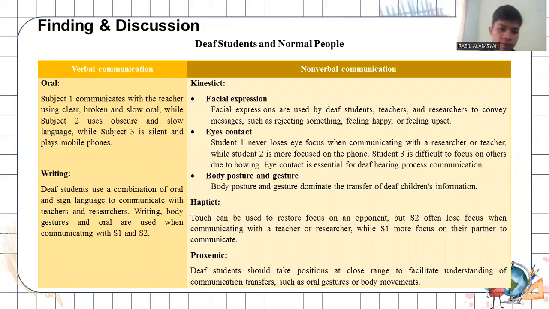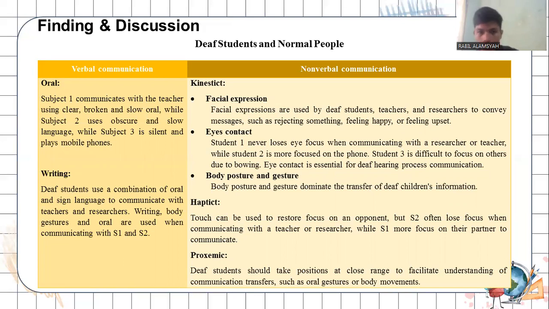In writing, deaf students use a combination of oral and sign language to communicate with teacher and researchers. Writing, body gesture, and oral are used when communicating with students 1 and 2.